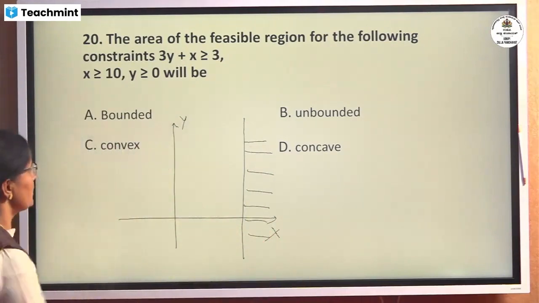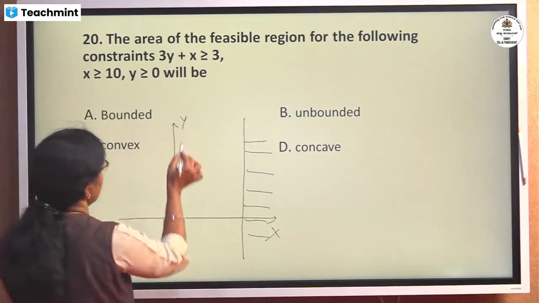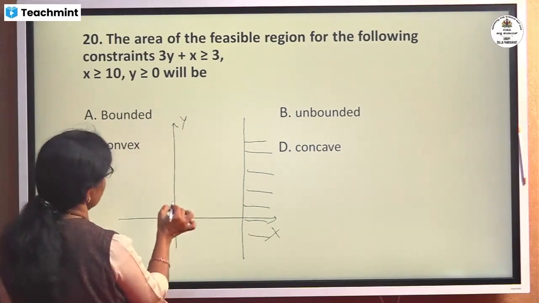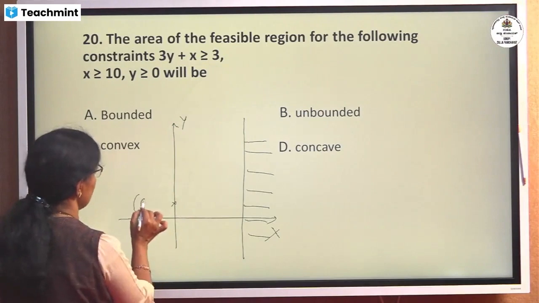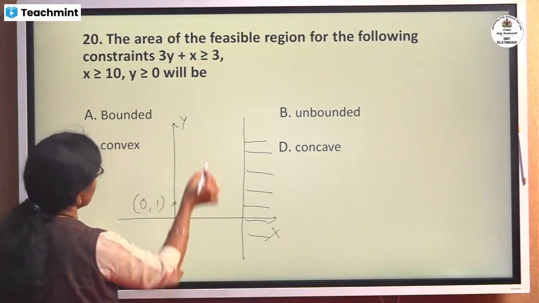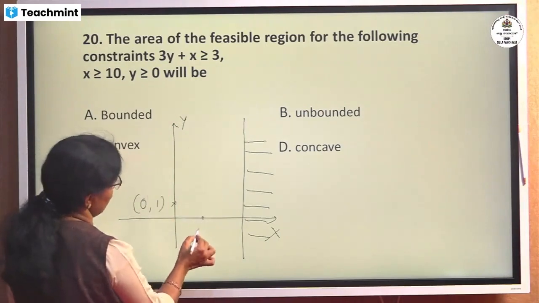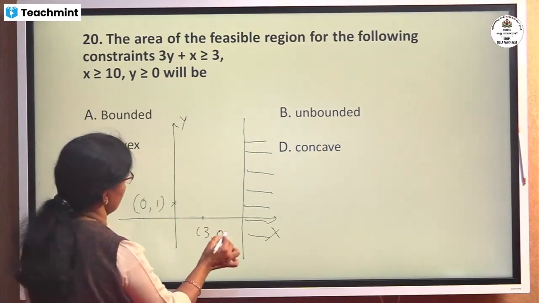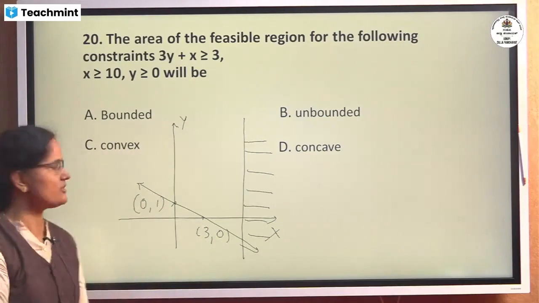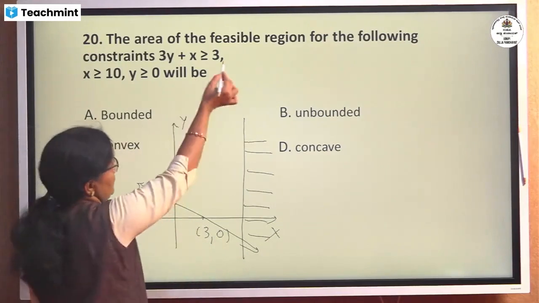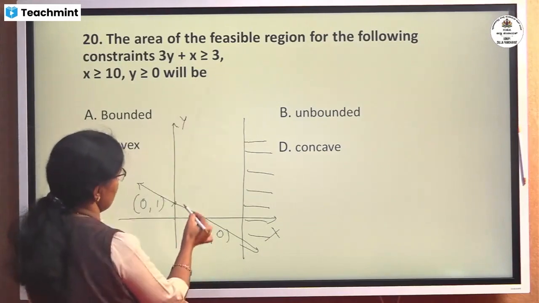Okay, for this equation, x is equal to 0, 3y is equal to 3. Therefore, this is the point of this inequation, that is 0, 1. Okay, so when y is equal to 0, x is equal to 3. Therefore, 3, 0. And this is the line for the another equation. So here also 0 is greater than 3. The origin verification fails.